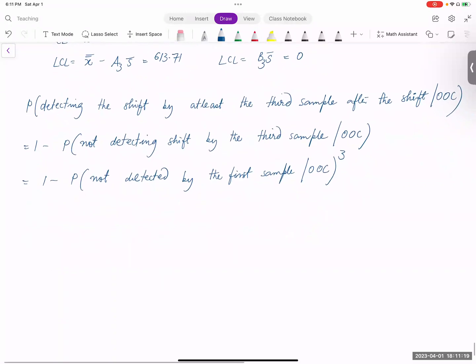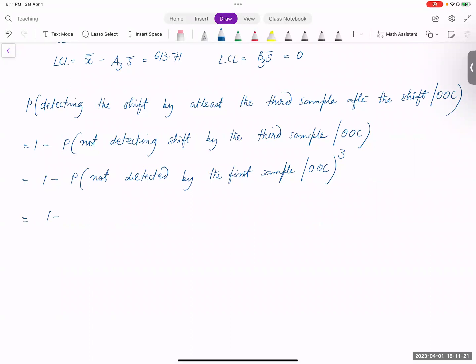So now I have 1 minus the probability of X bar. Not detecting the shift means that your sample observation is still inside the control limits. So this is less than or equal to UCL, greater than or equal to LCL, given OOC, raised to the power 3.